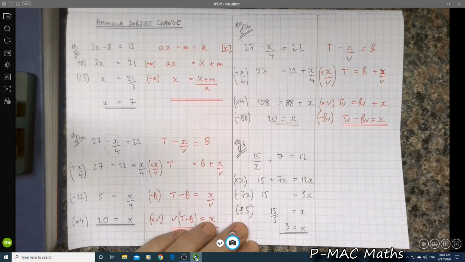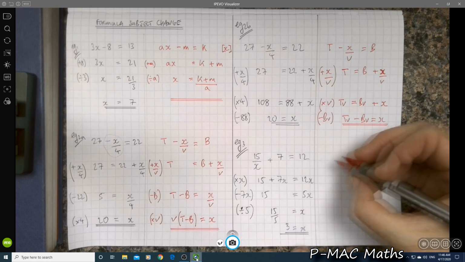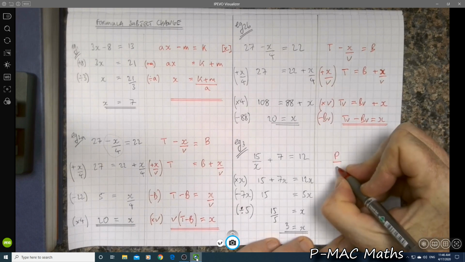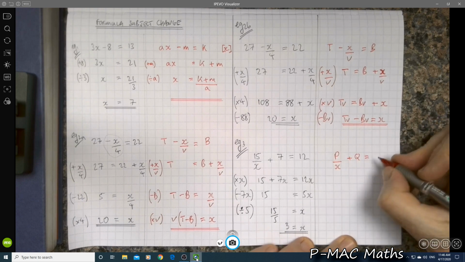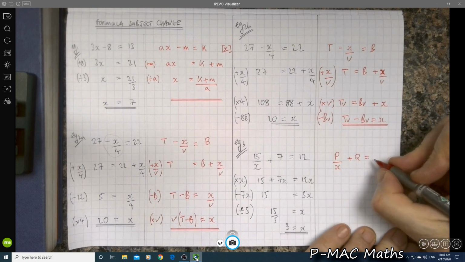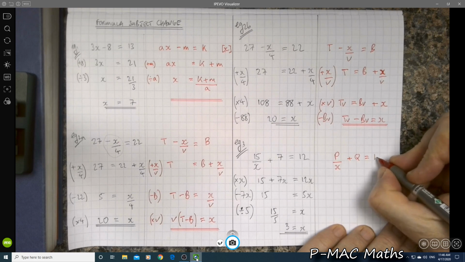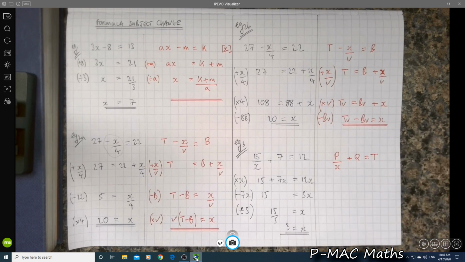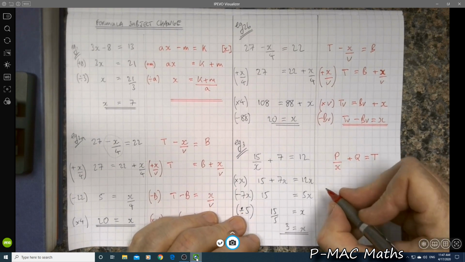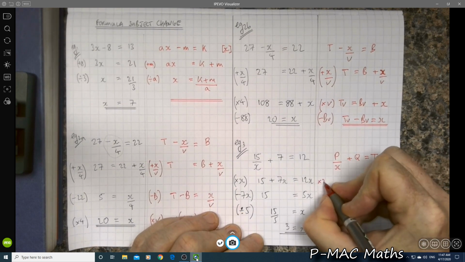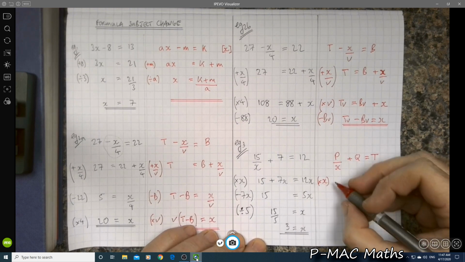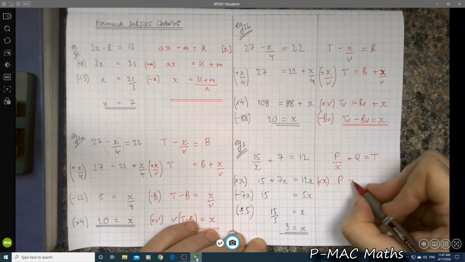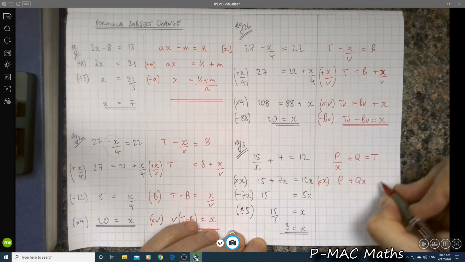And so, mimicking a formula where that happens, let's have p over x plus q equals, let's have a t. So I'm clearing my fractions. I'm going to multiply every term by x. P divided by x times by x is just p. The other terms, don't forget, they both get multiplied by x.